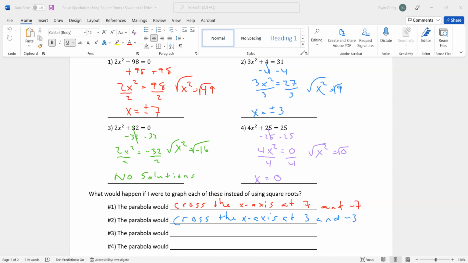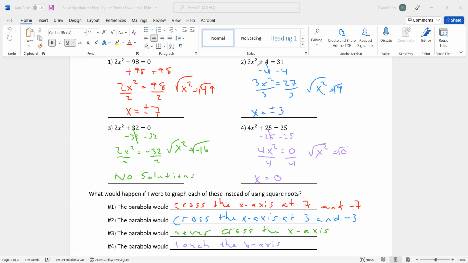Number 3, what happened there? The parabola would never cross the x-axis. And the last one, what would happen there? The parabola would touch the x-axis at 0.